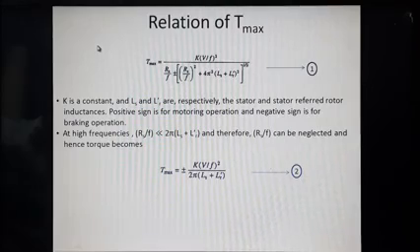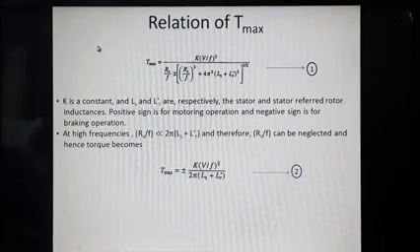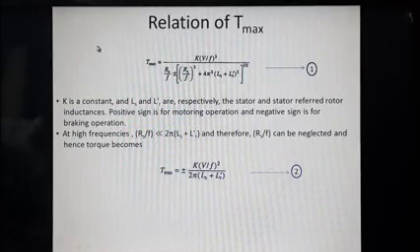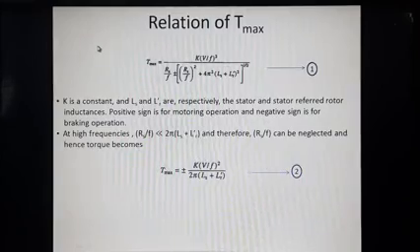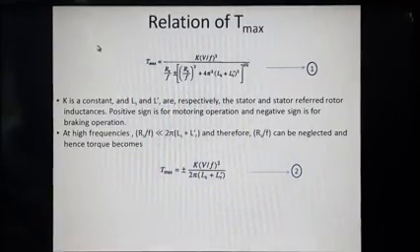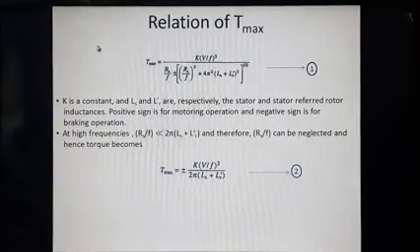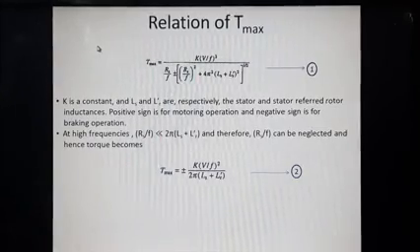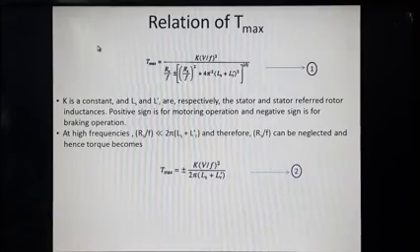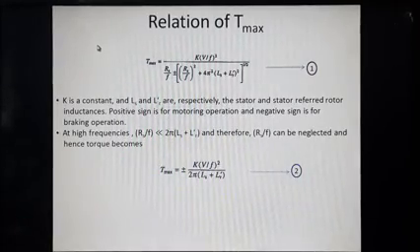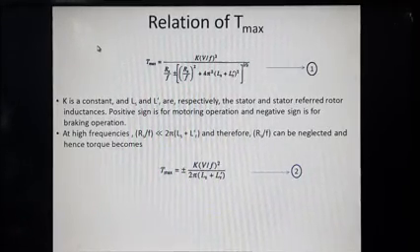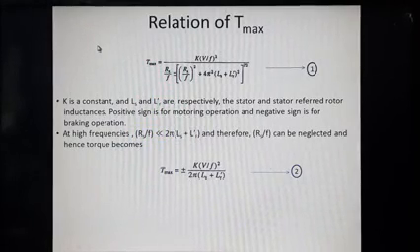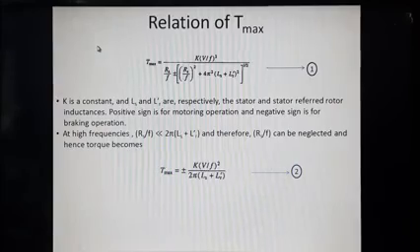So if you are seeing equation number 1 for very small values of frequency during motoring operation, if you are trying to achieve a very small value of speed by reducing the value of frequency to a very small value, in order to maintain the Tmax to a constant value, definitely the V by F term has to be increased.